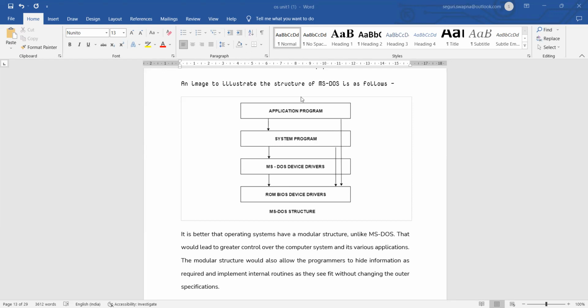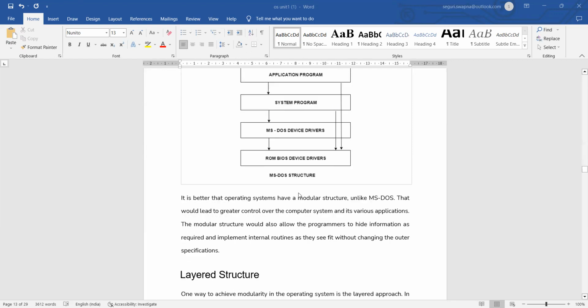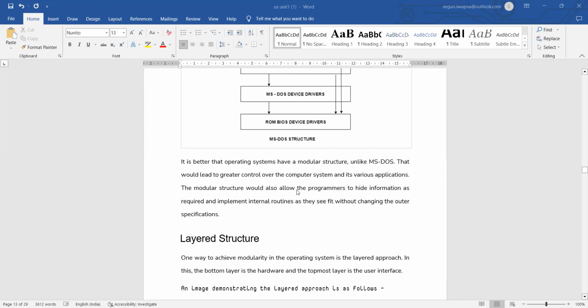It is modularized into different parts. So this modular structure will allow the programmers to hide the information required and implement the changes which occur in the specifications. Next is a layered structure.